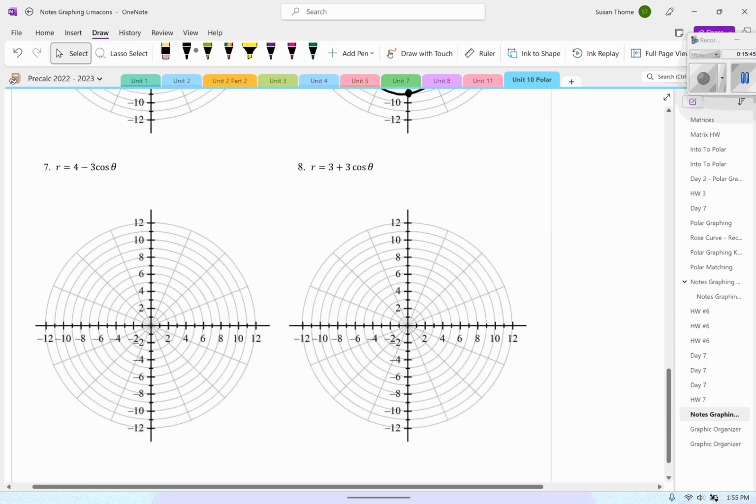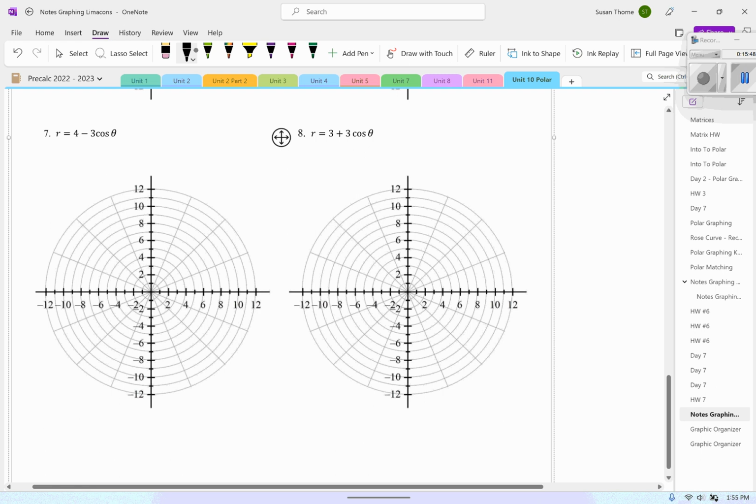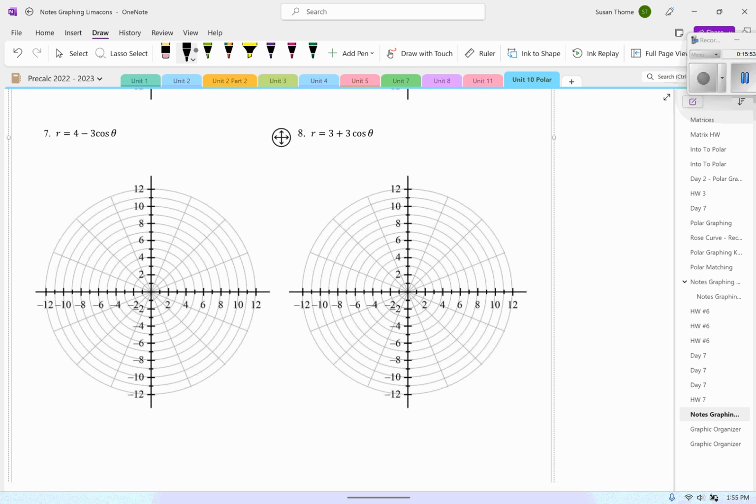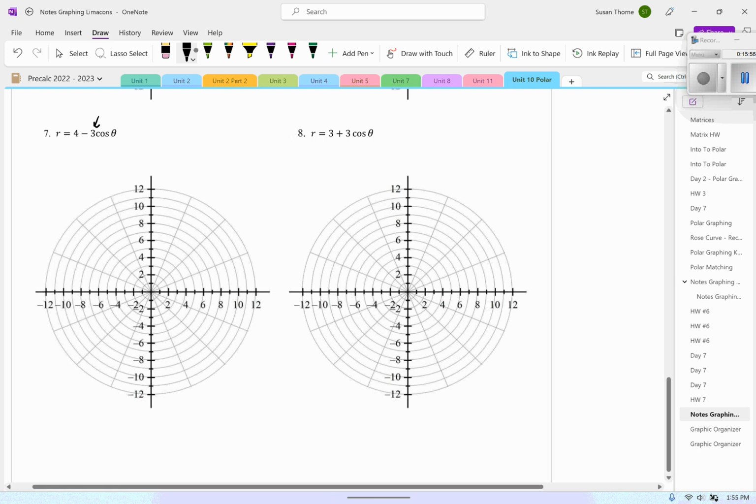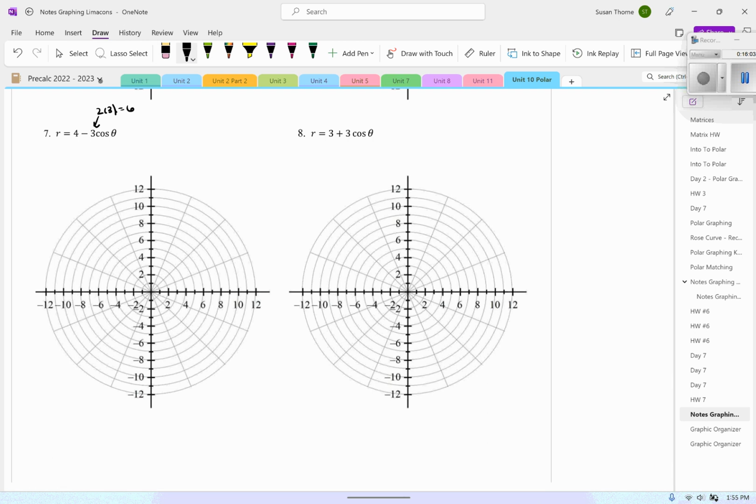For the next one, r equals 4 minus 3 cosine theta. So for this one, 2 times 3 is 6. And notice that 4 is not bigger than 6, so this is going to be dimpled. So again, 3 is less than 4, which is less than 2 times 3. So B is less than A, which is less than 2B.